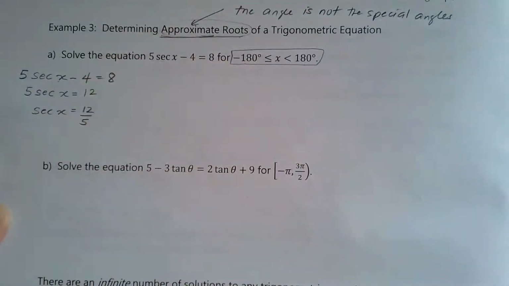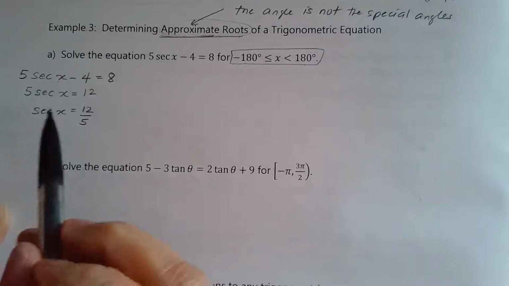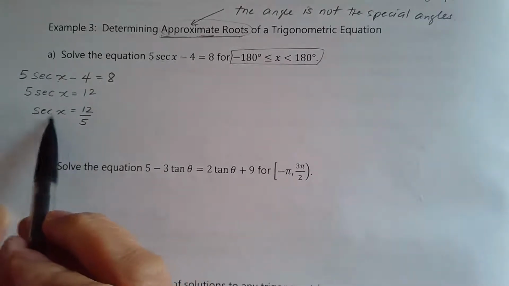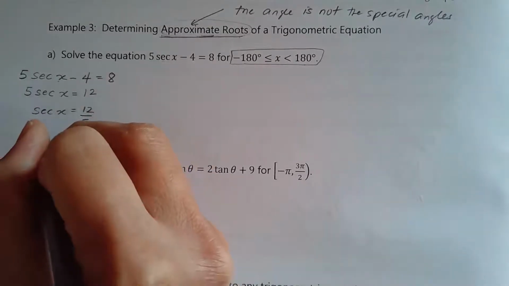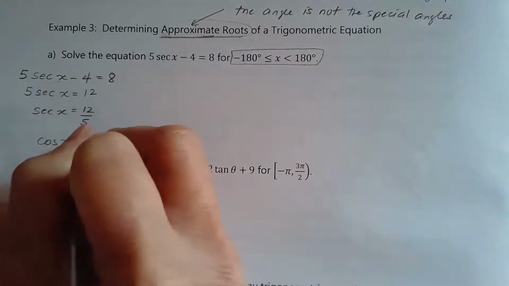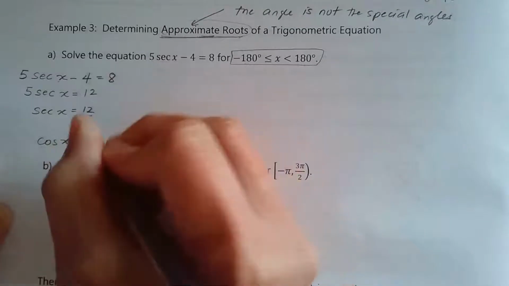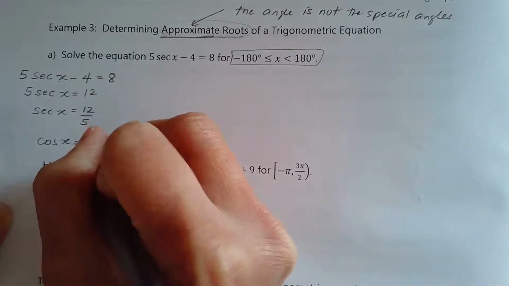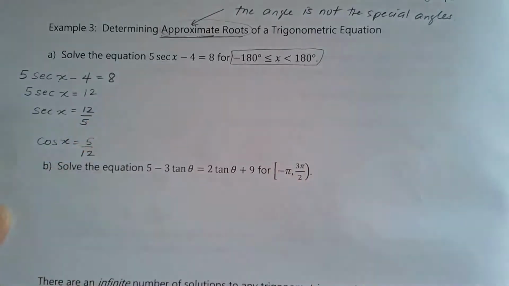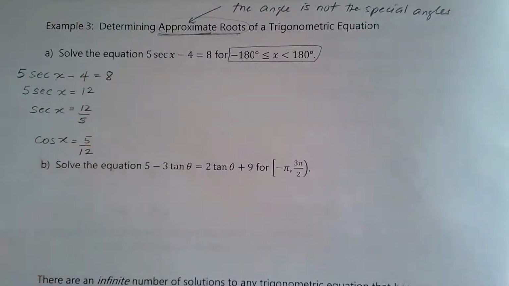Now, because secant and cosine are reciprocals of each other, cosine of x equals the reciprocal of this, which is 5 over 12. So how did I know to go from here to here?